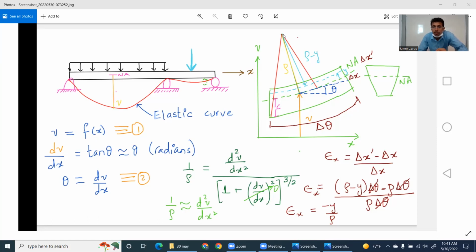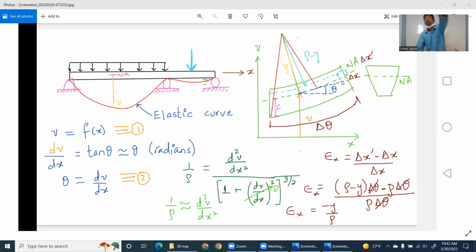Now let's look at this derivation. This is deflection. This is X. X means the position on a beam. This is my beam that is bent. You can see this little line that I have drawn exactly here. This is my neutral axis. You can see that I have drawn an arrow from the neutral axis.